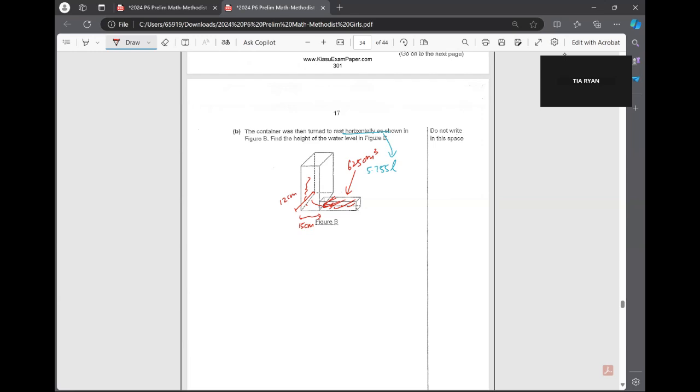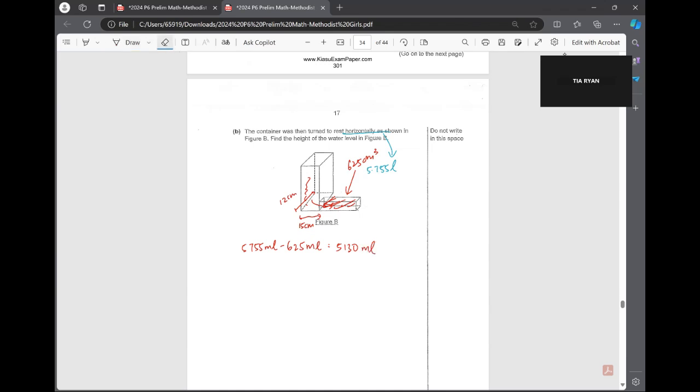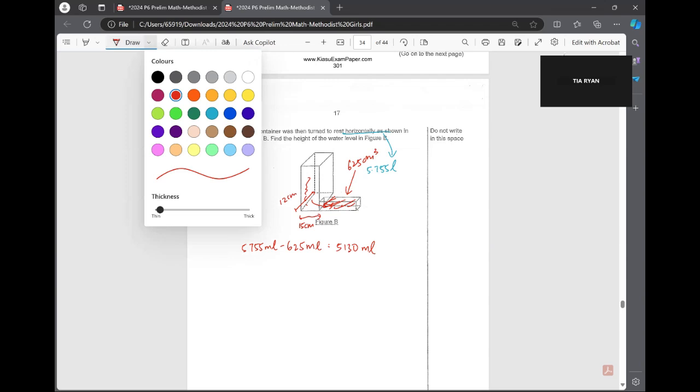So what I would do first is take 5,755 ml minus away 625 ml, the amount that can be filled up inside that little container. And I'll be left with 5,130 ml.